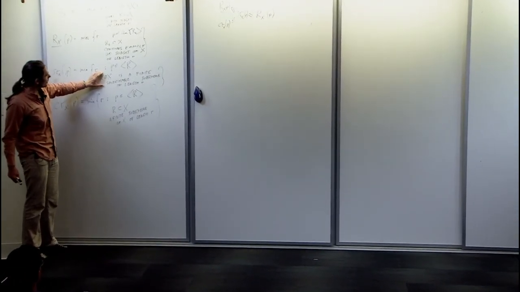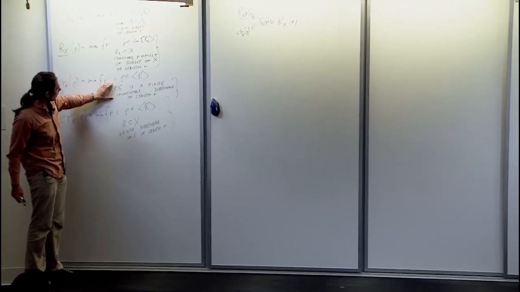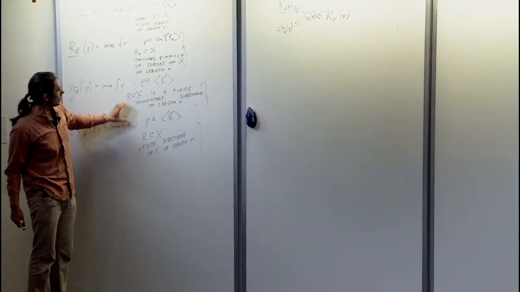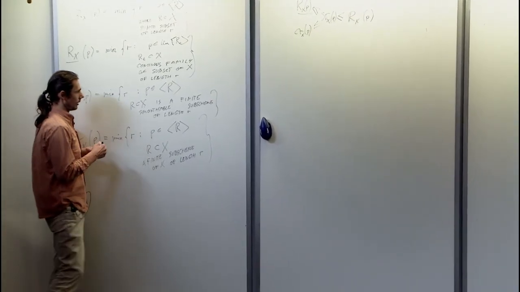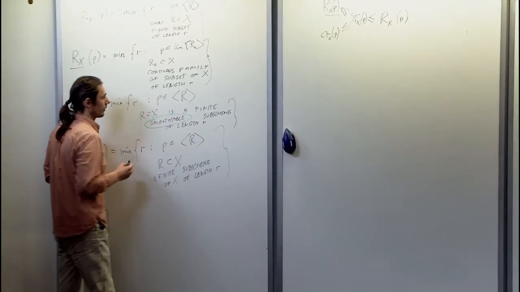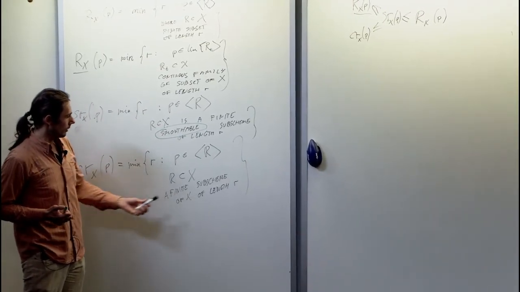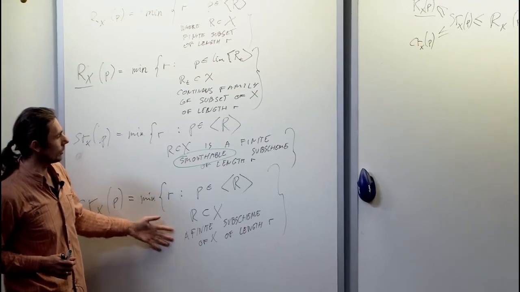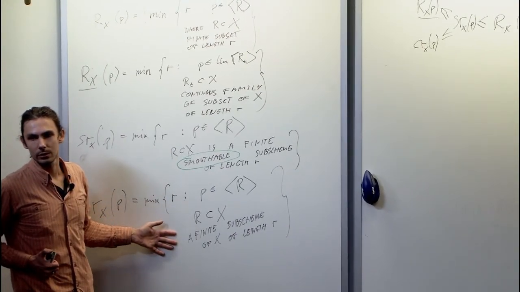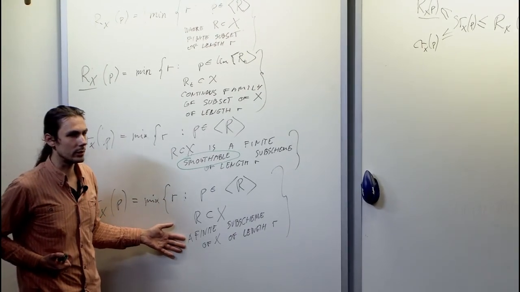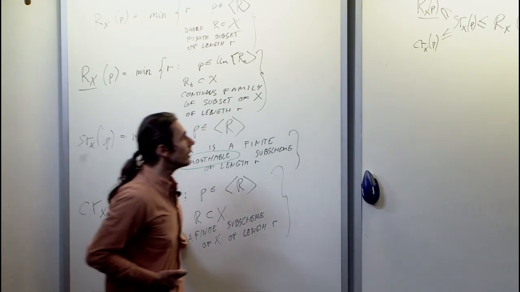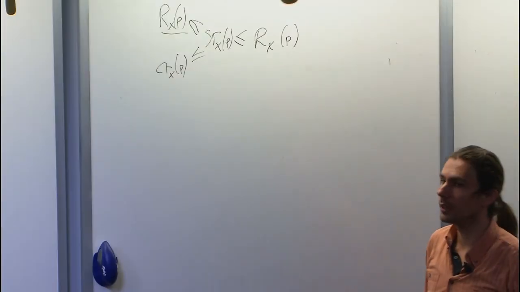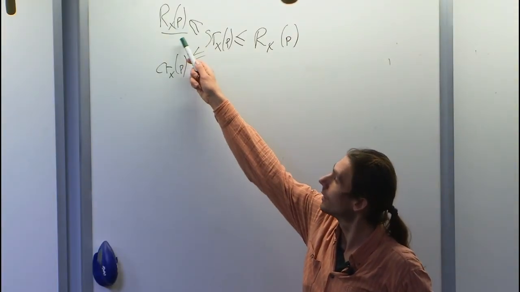Next, to compare with the Cactus rank, the difference between these two notions is just this smoothability, and that's just going from here to here. I just forget one condition. So again, this is a bigger set, which is why this rank is less.